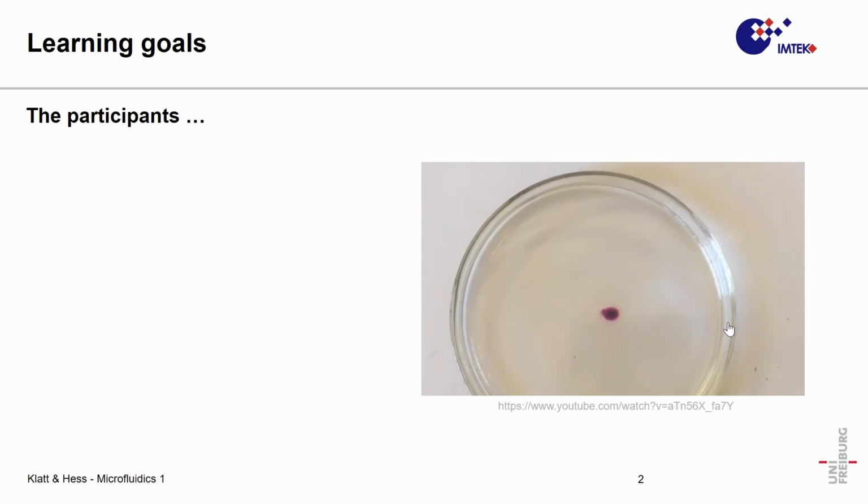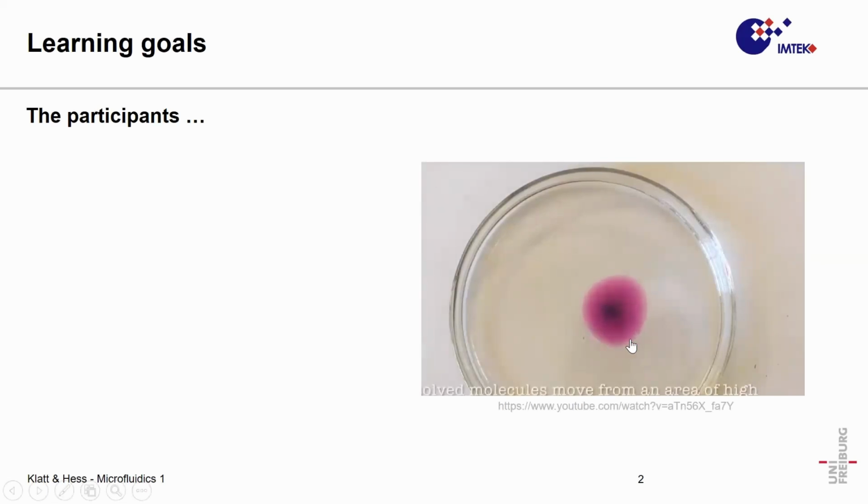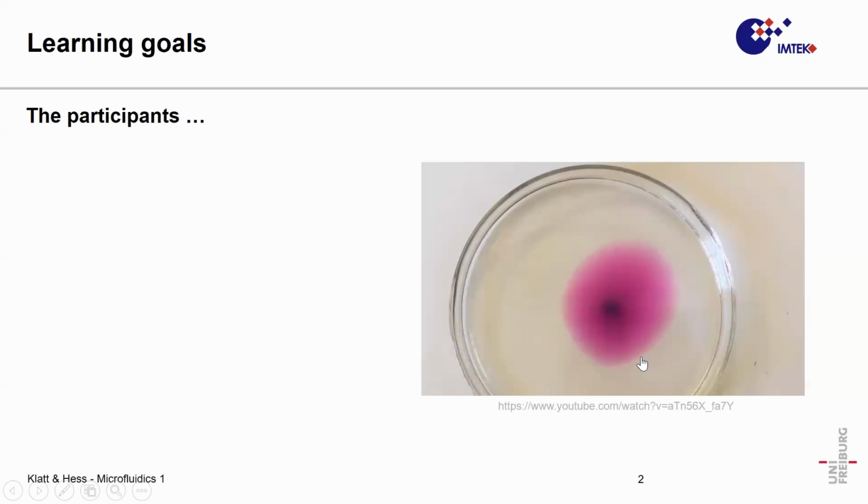If we look now at how the crystal propagates within the liquid, we can see that it slowly moves in a circular shape from the center of the crystal in all directions of the Petri dish. And this effect that we can make visible with this crystal is called diffusion.